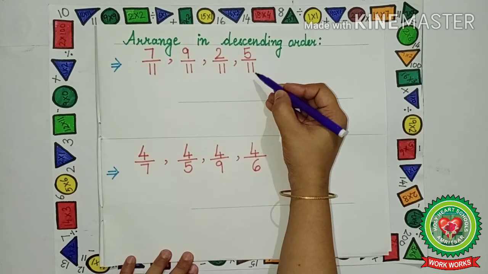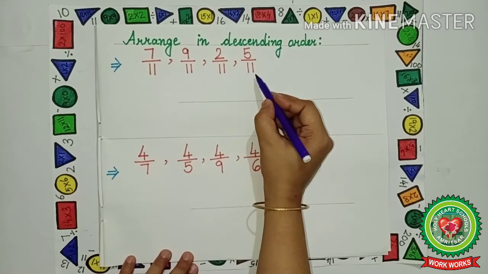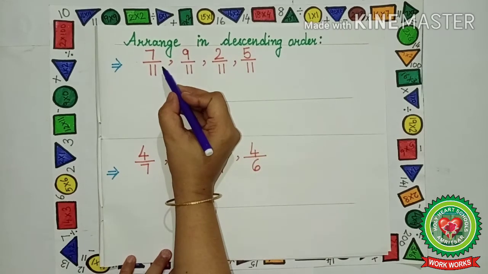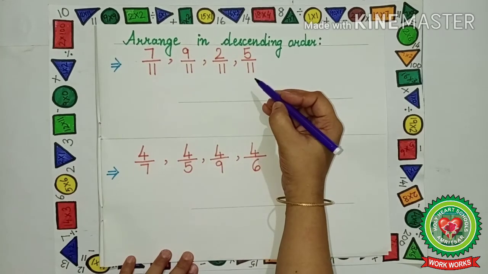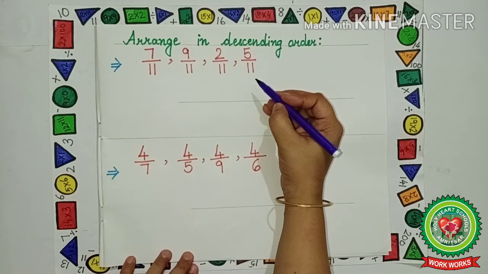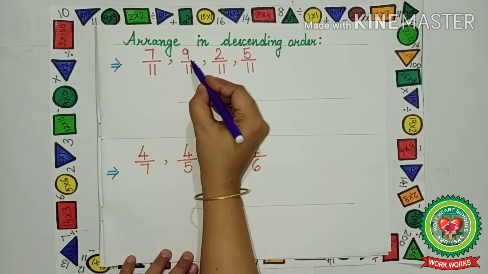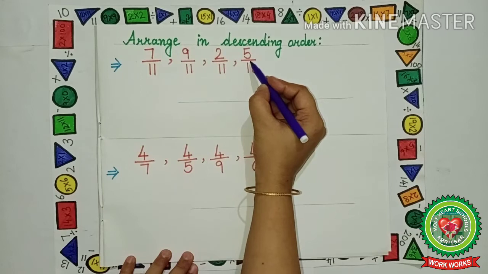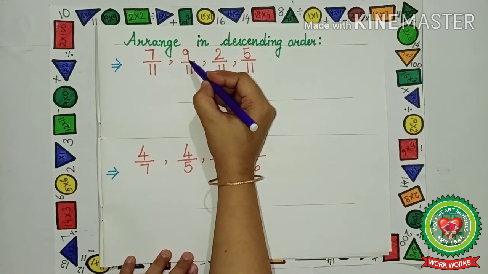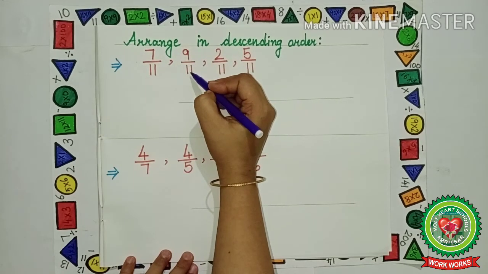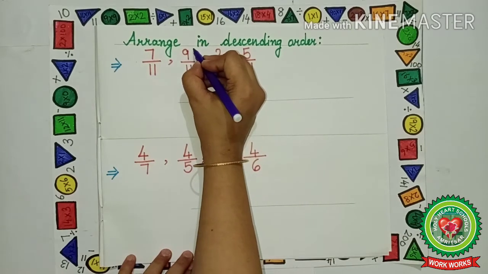As you can see, all the denominators are the same. That means the biggest numerator will be the biggest fraction. So which is the biggest numerator? 7, 9, 2, 5. Yes, that is 9. That means 9 upon 11 will be the biggest fraction in the descending order.